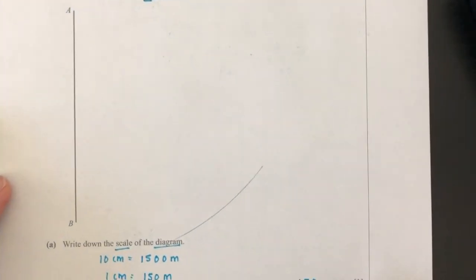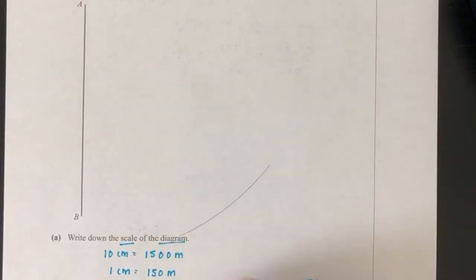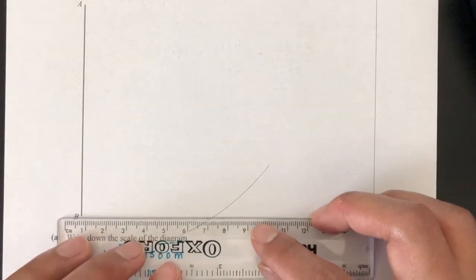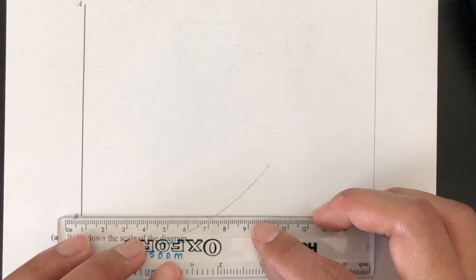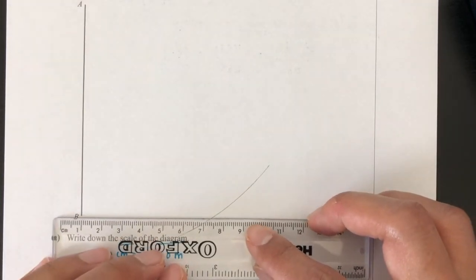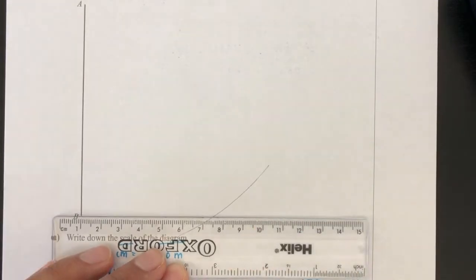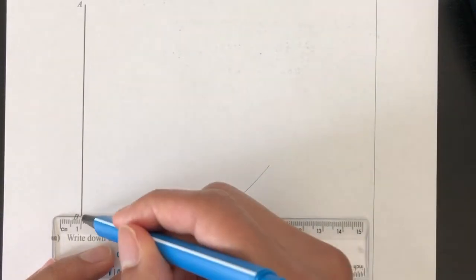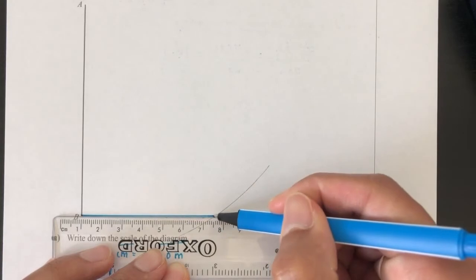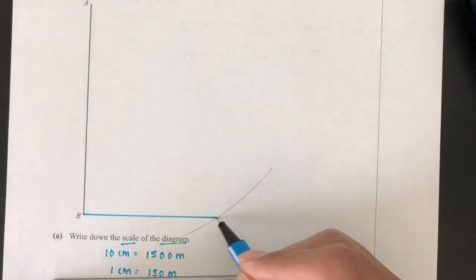Now the other condition was it needs to be exactly east of B, so it has to be 90 degrees here. So let's go exactly perpendicular to the point of B. So it will be this way and touching with this line right here.